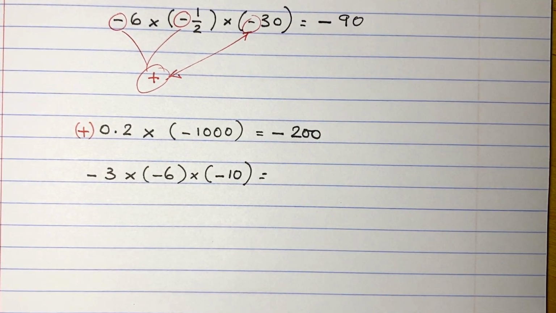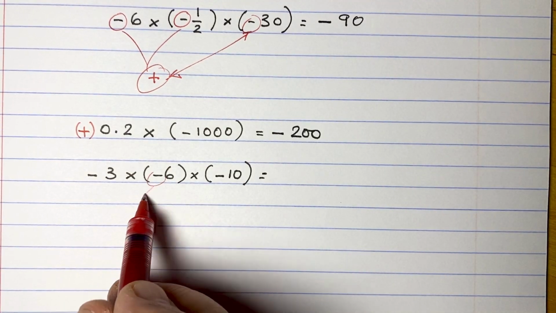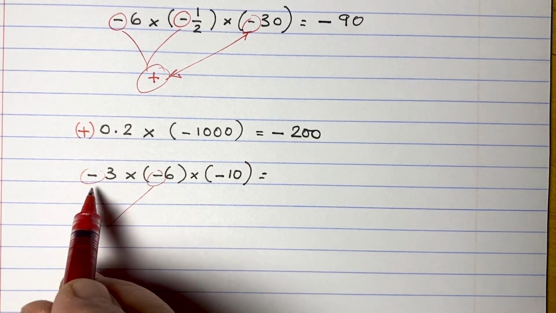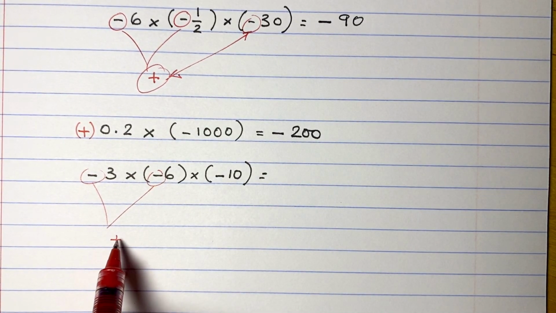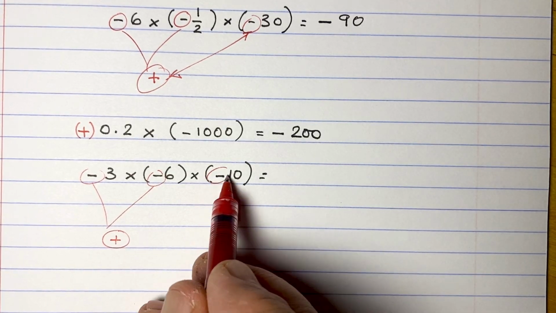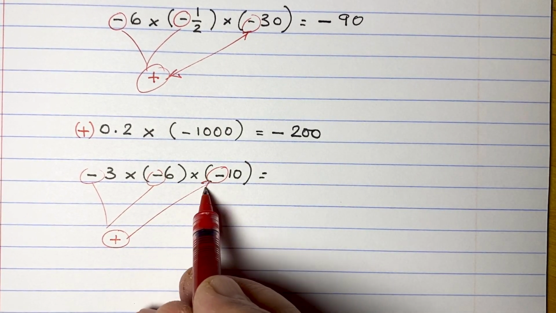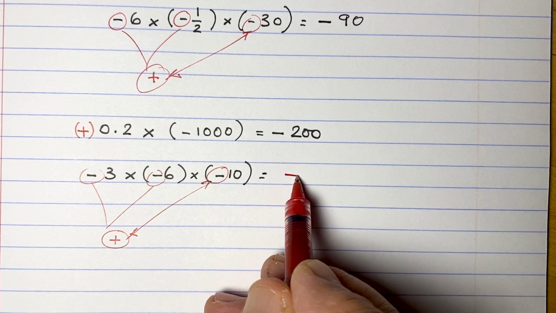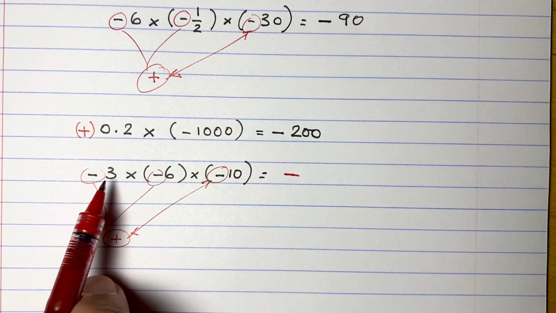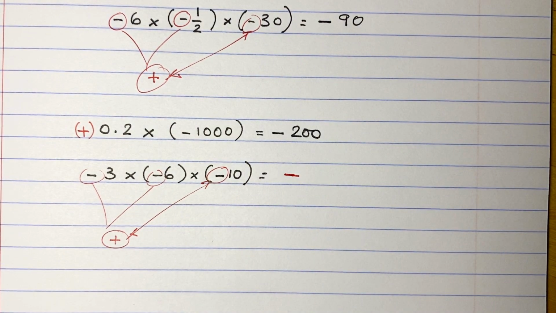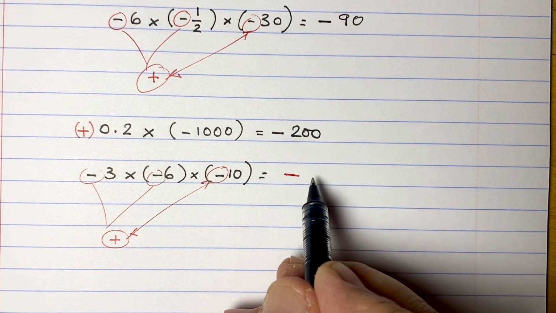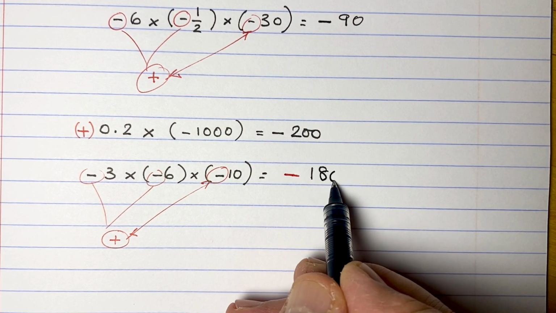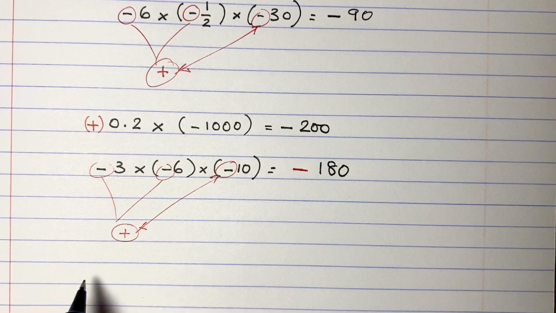Negative times negative makes positive. And this positive and that negative makes negative. Then you multiply the numbers. 3 times 6, 18. 18 times 10, 180. Let's look at this one.